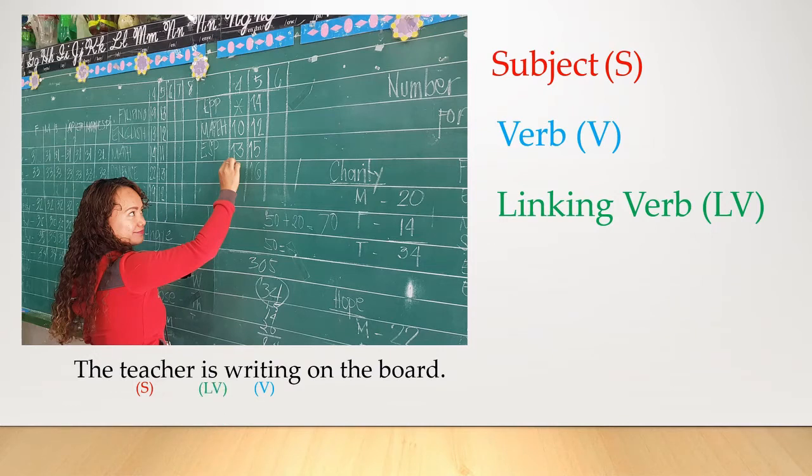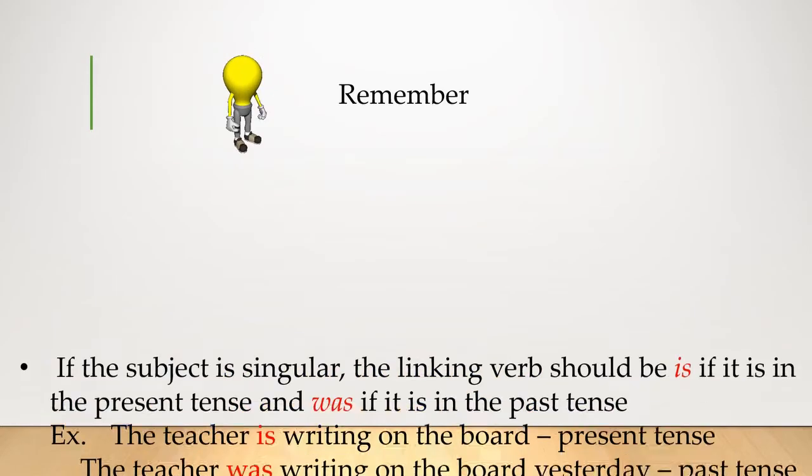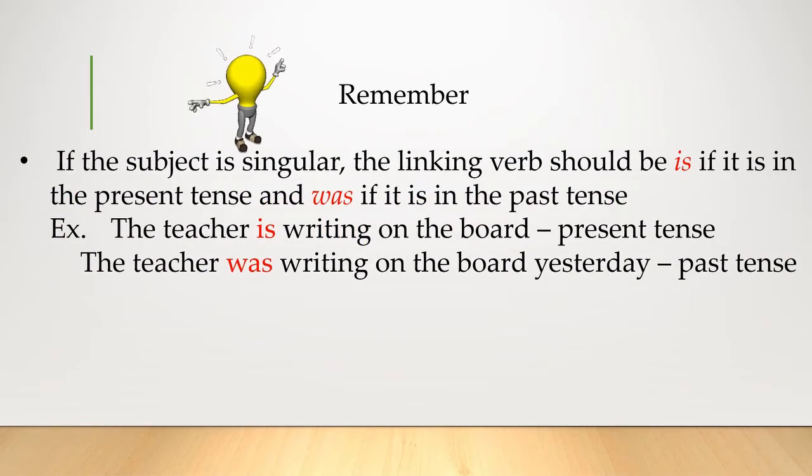If you answered is, then you are correct. Now try to remember these things. If the subject is singular, the linking verb should be is if it is in the present tense, and was if it is in the past tense.